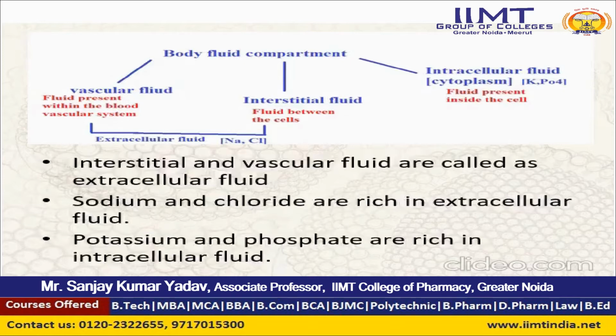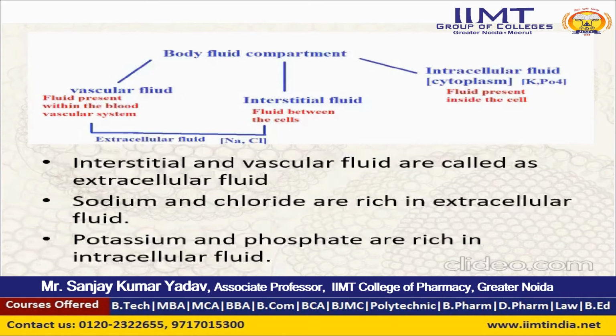Our body fluid compartments are divided into two major parts. Interstitial fluid and vascular fluid come under extracellular fluid, whereas intracellular fluid is the separate one, the fluid present inside the cell only.